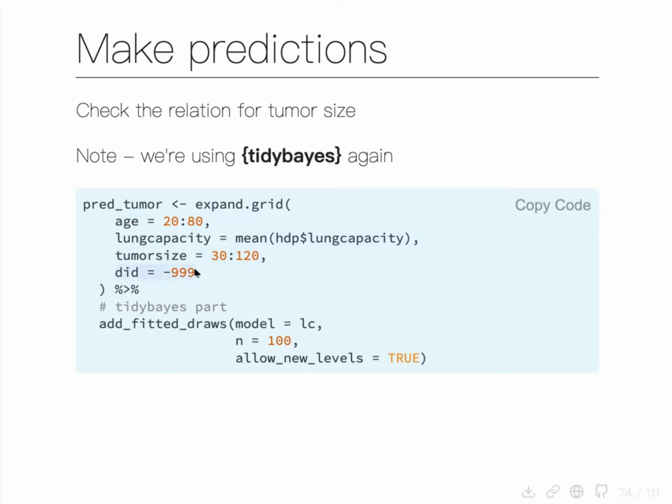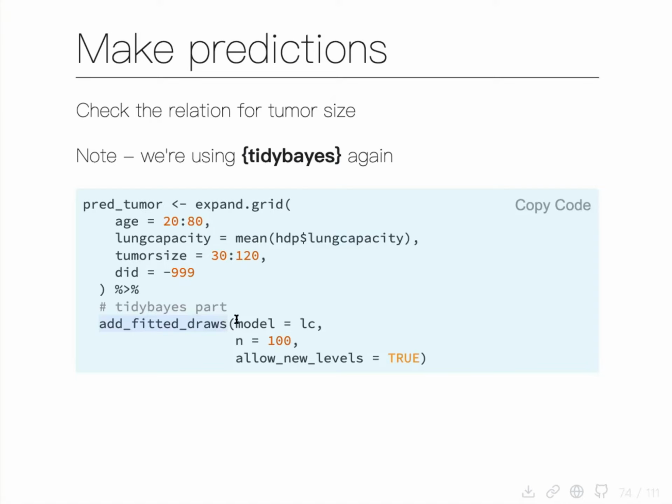Notice I'm setting DID, the doctor ID, to -999. So that means I'm going to try to get population level estimates. So I'm going to say independent of any doctor, what do these relations look like? Okay. And then this is the tidy Bayes part. I'm going to say add fitted draws. The first argument to add fitted draws is the new data that you want to add the fitted draws to, and it's actually going to add them to the data frame that you're passing it.